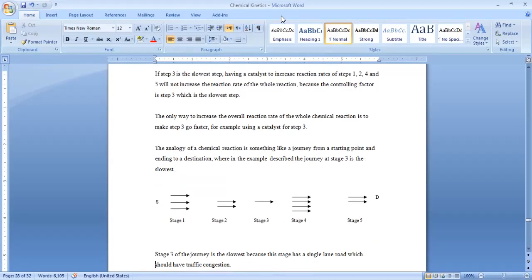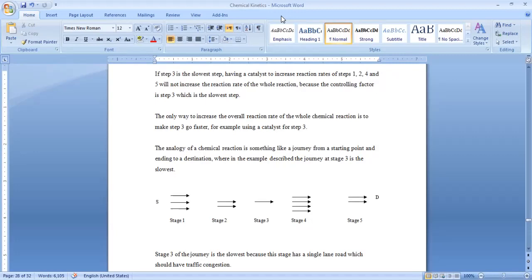So we expect that stage 3 is the slowest because it is a single lane road, and you have lots of traffic jam. The journey in stage 3 will be the slowest, and the journey in stage 4 is the fastest because it's a 4-lane highway.